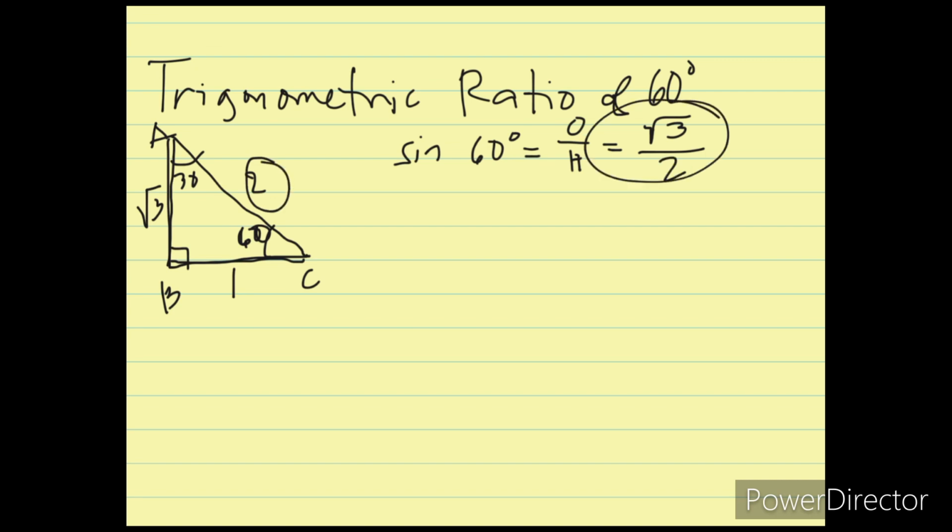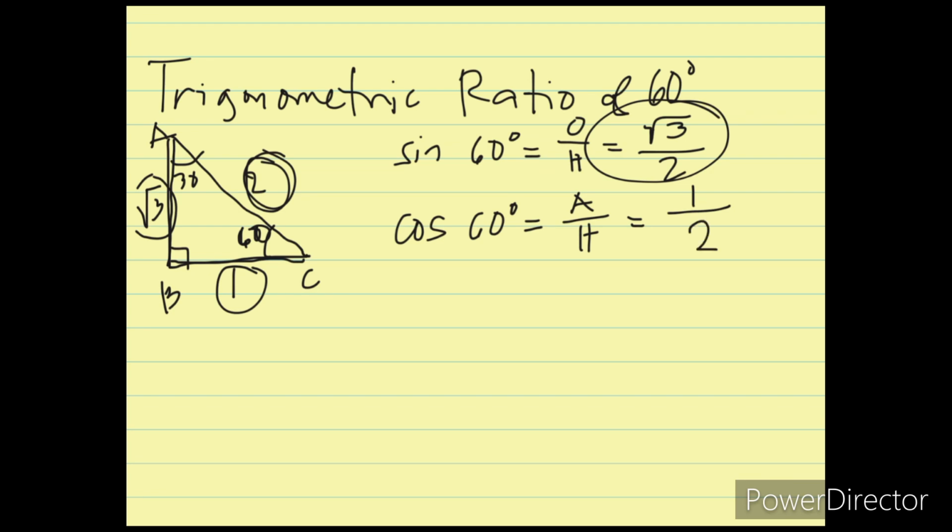Therefore, that is the sine of 60-degree. Next, for the cosine of 60-degree, the cosine is adjacent over hypotenuse. So our adjacent of 60-degree is 1, and our hypotenuse is 2. So therefore, the cosine of 60-degree is 1 over 2.